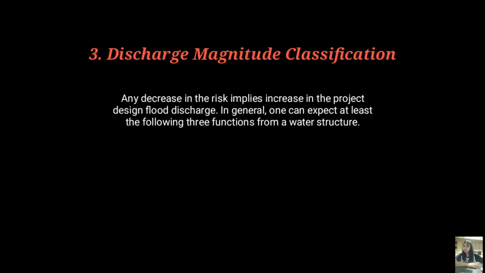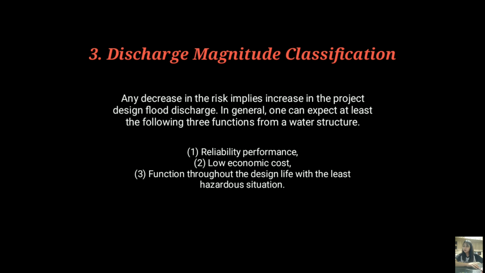Any decrease in the risks implies an increase in the project design flood discharge. In general, one can expect at least the following three functions of the water structure. First is reliable performance. Second is low economic cost. And the third one is to function throughout the design life with the least hazardous situations.